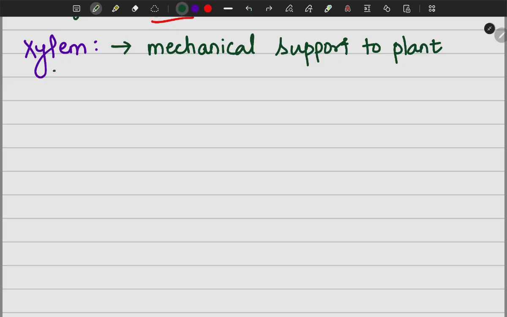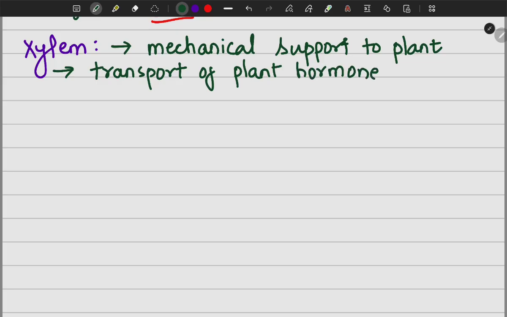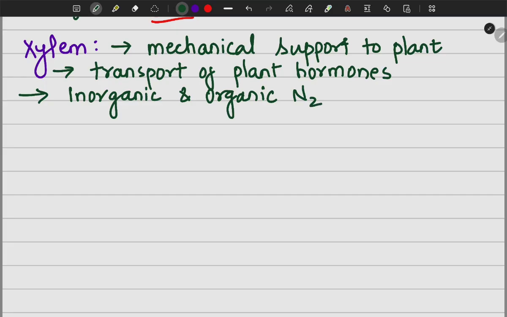There is one more function: it also helps in the transport of phytohormones or plant growth regulators, also called plant hormones, and the transport of inorganic and organic nitrogen and phosphorus. So these were some of the functions that xylem performs in the plant body.